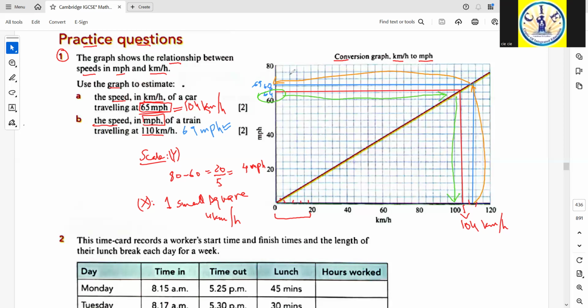So this is how these conversion graph questions are to be done. After this, we proceed to the next question.